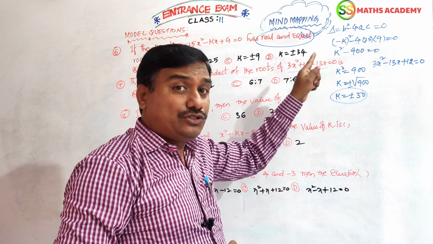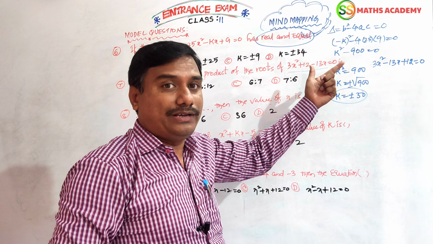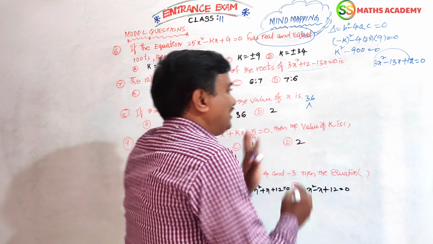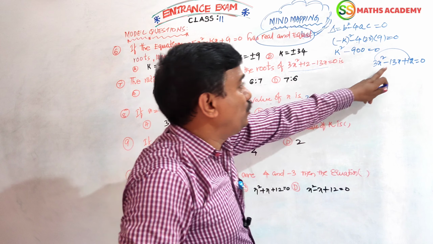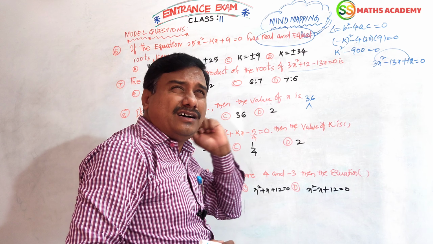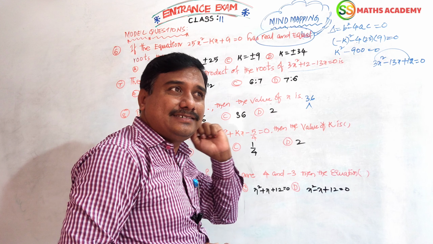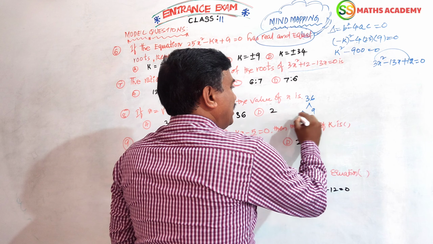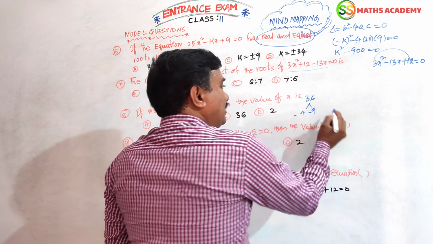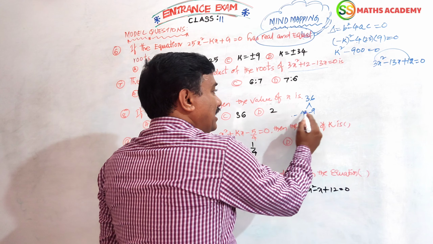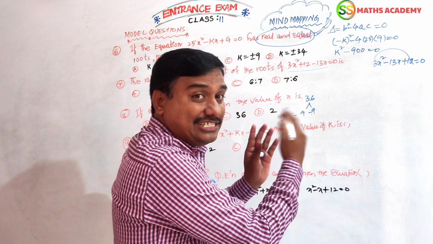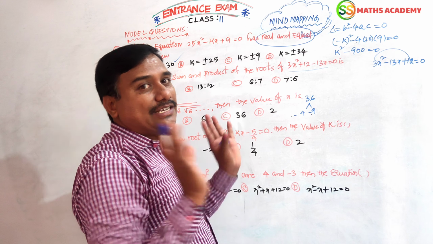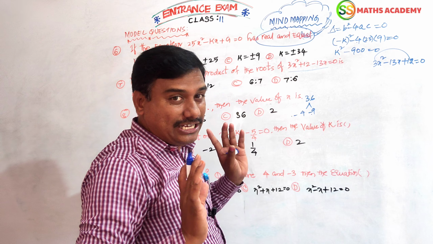Here 3x square, then minus 13x, followed by the constant 12. 3 times 12 is 36. We need factors of 36 which are sufficient for minus 13: 4 and 9, right. Both are minus, minus 9 minus 4 is minus 13, and minus into minus plus, 4 times 9 is 36. Sufficient factors for this quadratic equation.